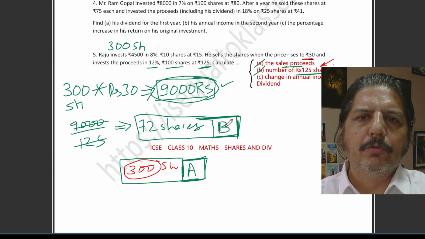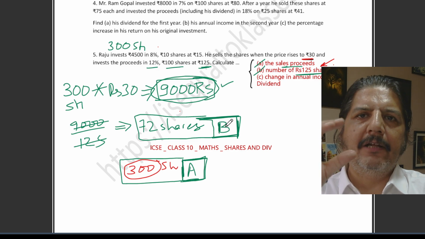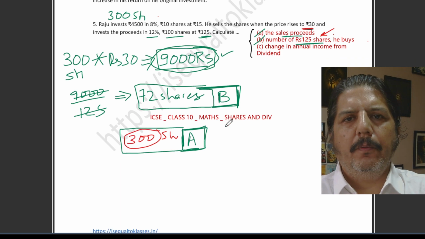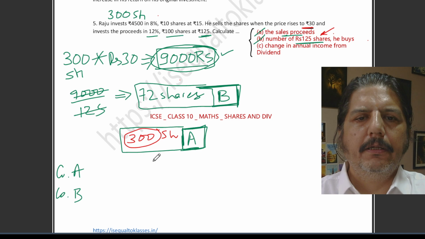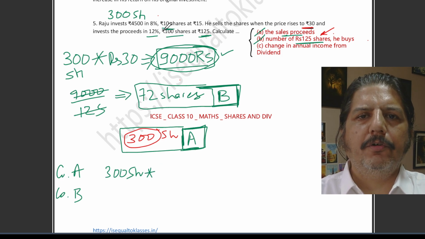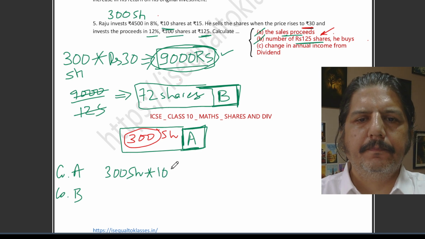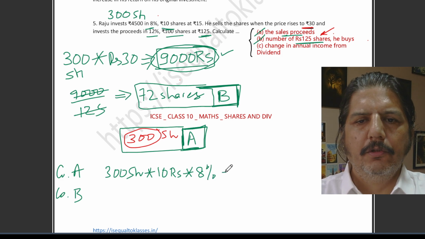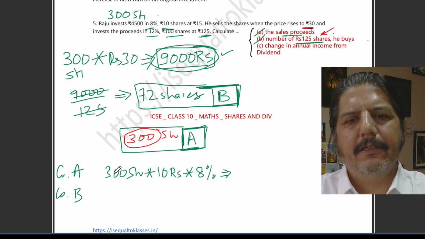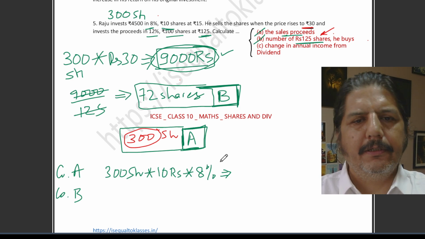Now, what we need to do is we need to find the change in annual income. Now, when he had shares for company A, let me write it like this, for company A and company B. For company A, he had 300 shares. The par value of each share was rupees 10. He was getting a dividend of 8%. So this would be the amount of dividend that he is getting. I'll calculate this and I'll get the dividend amount.